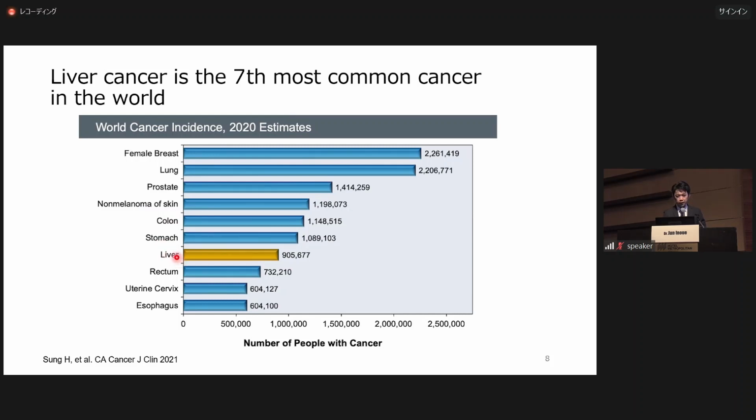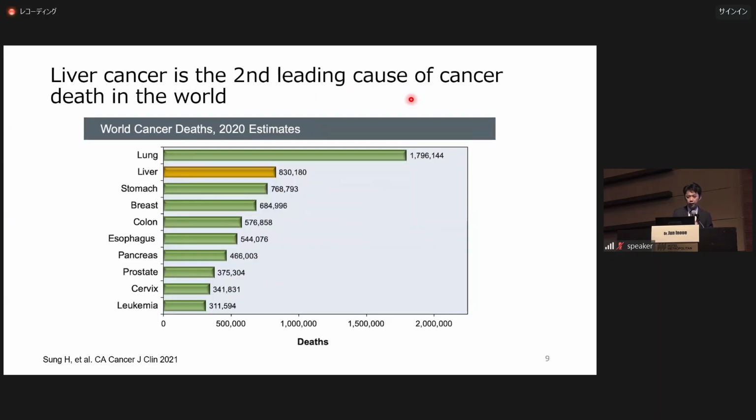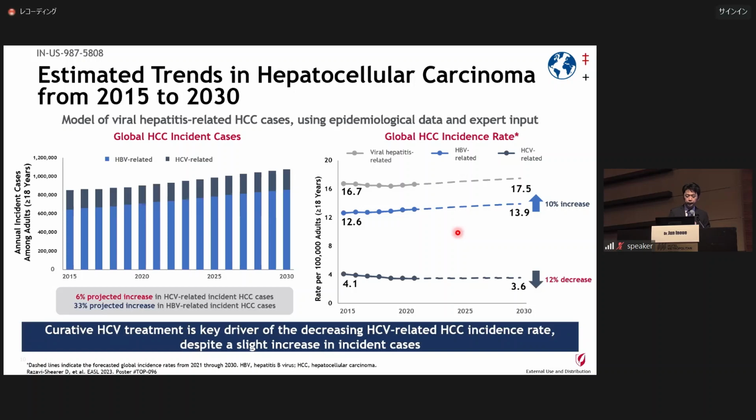So the liver cancer is the 7th most common cancer in the world. Regarding cancer deaths, liver cancer is the second leading cause of cancer death after the lung cancer. So the burden of liver cancer is very huge globally.